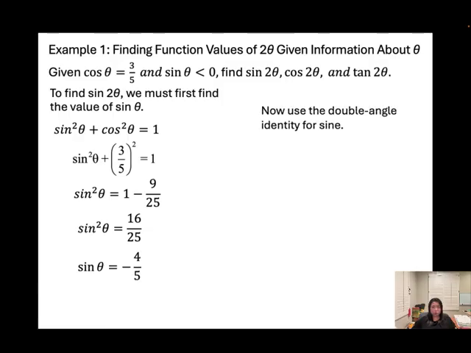Now, we can use the double angle identity for the sine. So sine 2 theta equals 2 sine theta cosine theta. We already know the cosine theta and we found the sine theta here already. So plug it in. You should get negative 24/25.